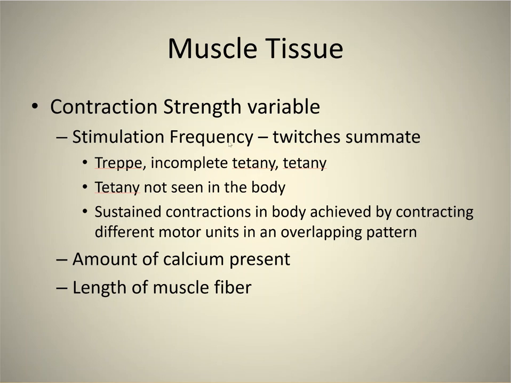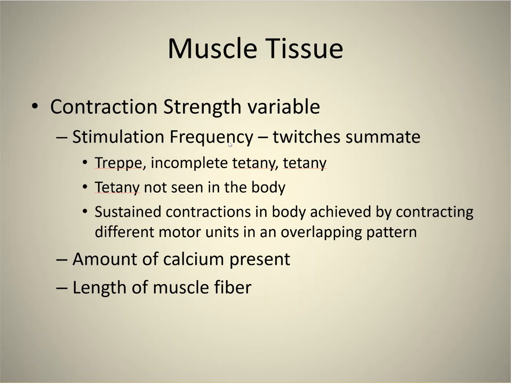Sustaining contractions is achieved by contracting different motor units in an overlapping pattern. So if you want to hold something heavy in your hand for a long time, you're using about 10 motor units, and then all of a sudden you switch over to a different 10 motor units. And then a little bit later you switch over to another different 10. It's because those motor units are fatiguing, and your body automatically does this.